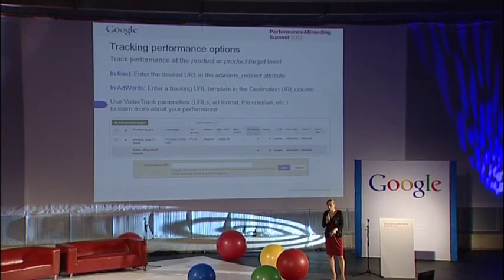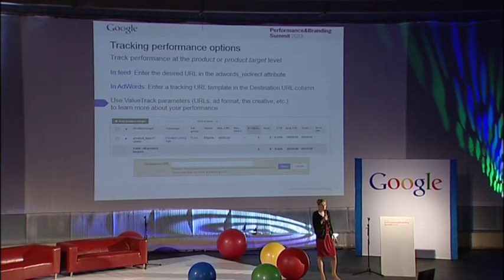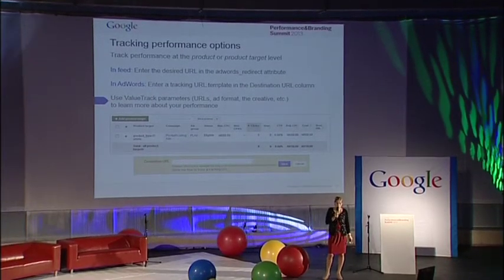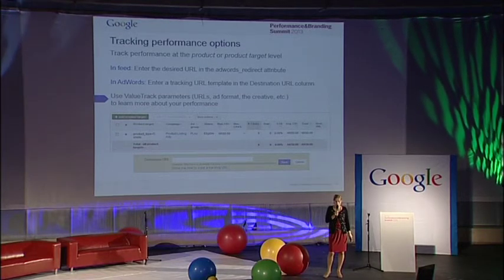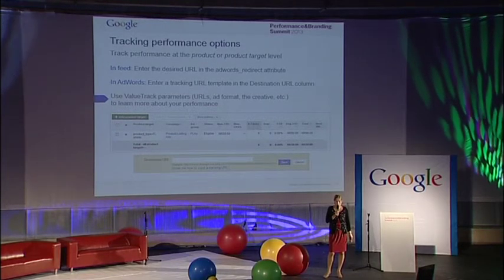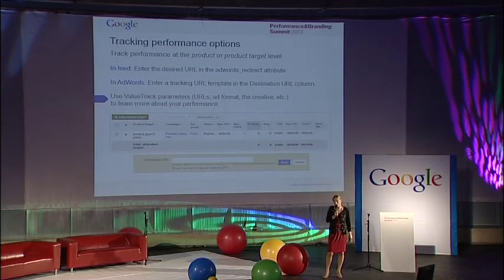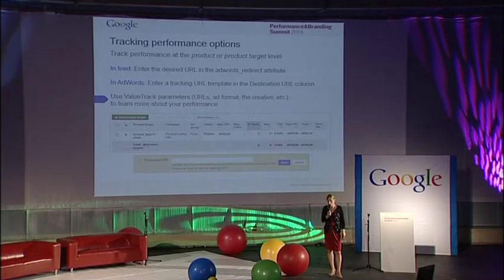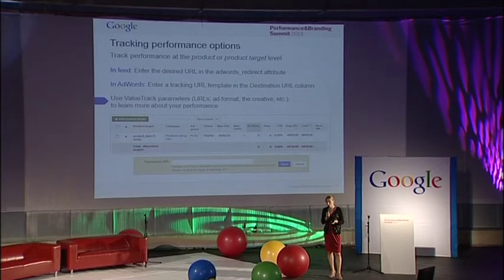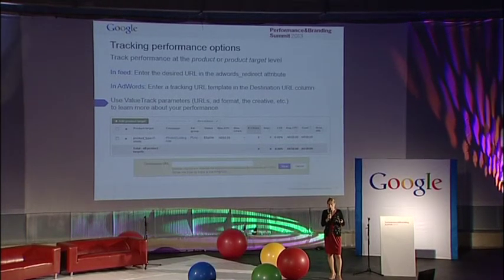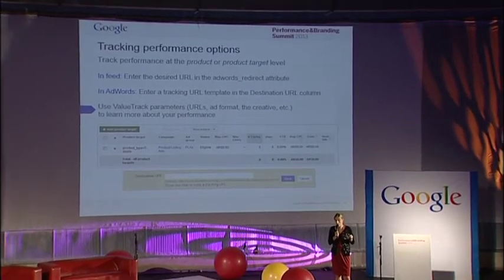The other way to do it is to go directly in AdWords, and in AdWords, if you go to your product listing ad campaign, then under auto targets you can show a column called destination URL that's by default empty, but if you click on it, you can there put a tracking URL that will be at the product target level.